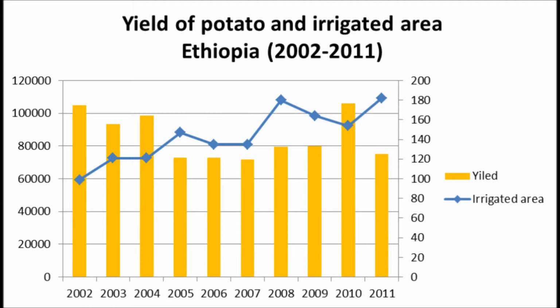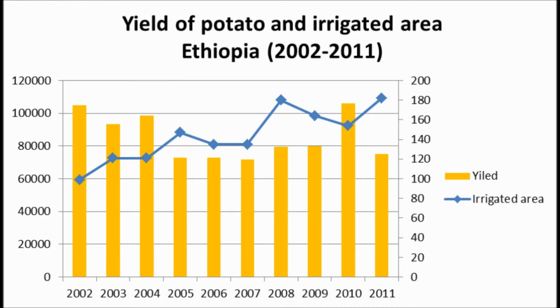But what we should notice is that area doesn't equal efficiency. Whether the irrigation system helps improve the agricultural situation or not is determined by how the systems are managed. The shift between drought and flood made it more challenging for Ethiopia to manage its irrigation system.